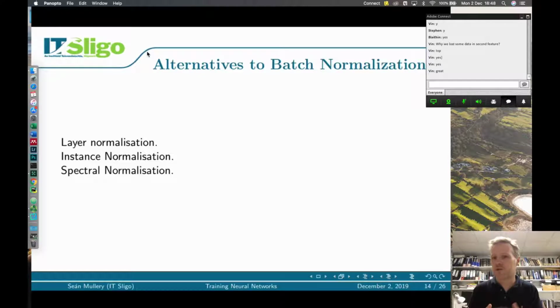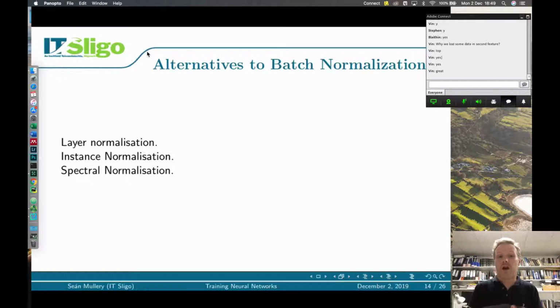Now, going back to our control system example that I mentioned earlier, if the poles in your system are too large, the thing can get out of control very quickly. So if you do this sort of normalization on your weights, the effect is that your network can't suddenly explode or get out of control, and that's the idea of spectral normalization.